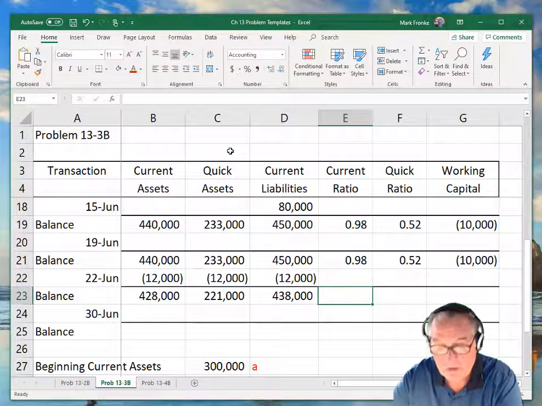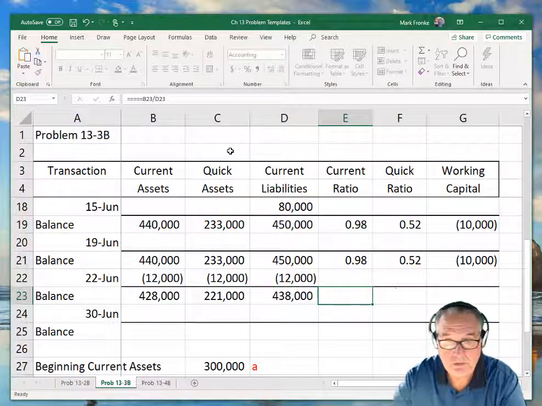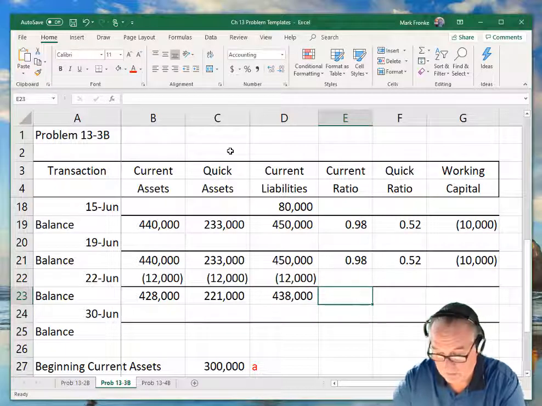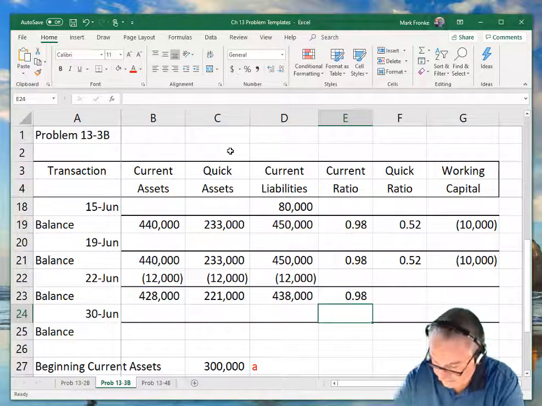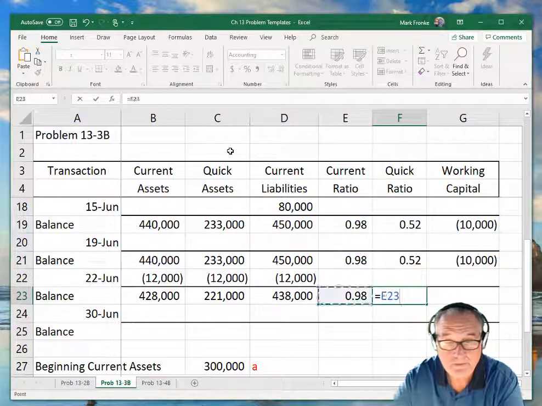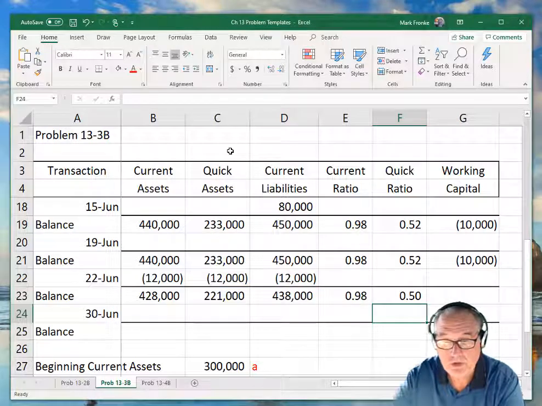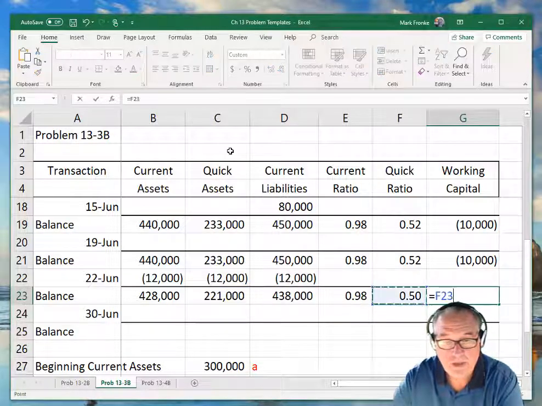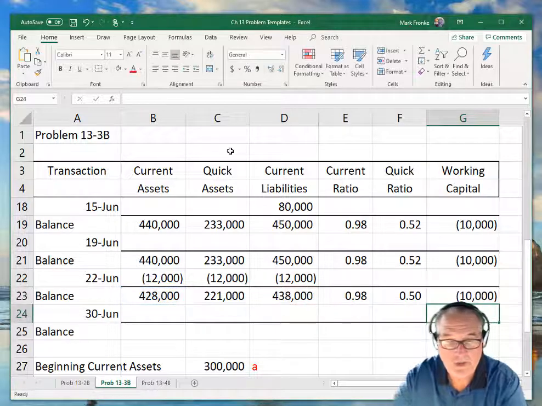And our current ratio is now 0.98. Quick ratio is 0.5, and working capital is still negative 10,000.